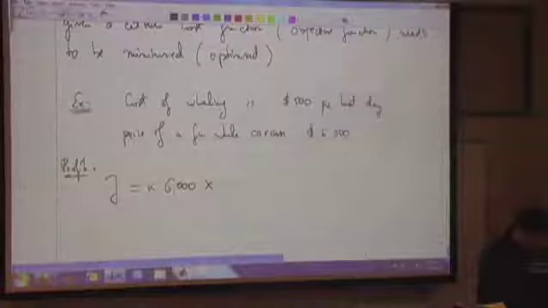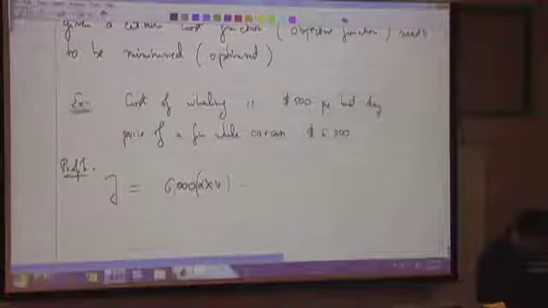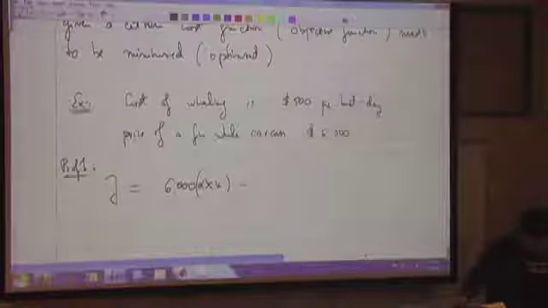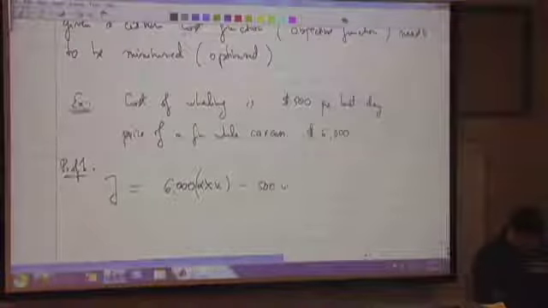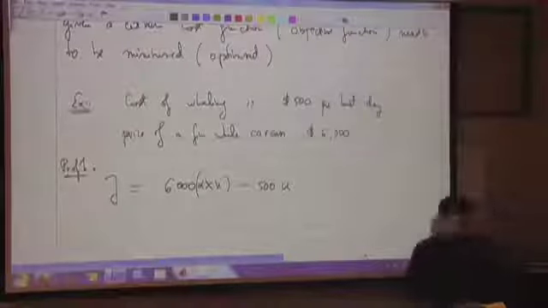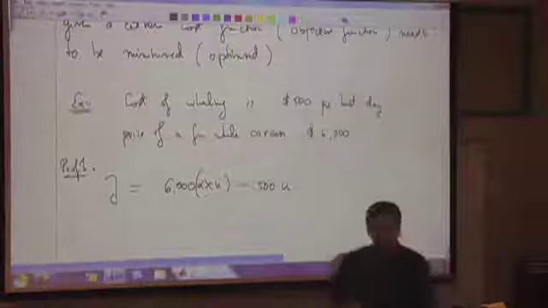So it's going to be 6,000 times alpha XU, for instance, minus $500 times U, right? For instance.